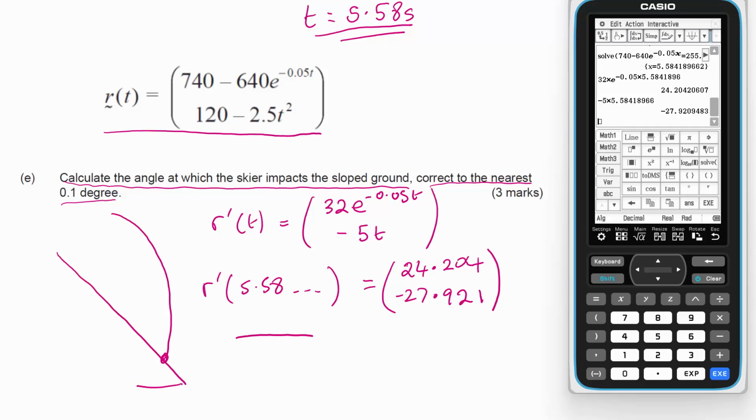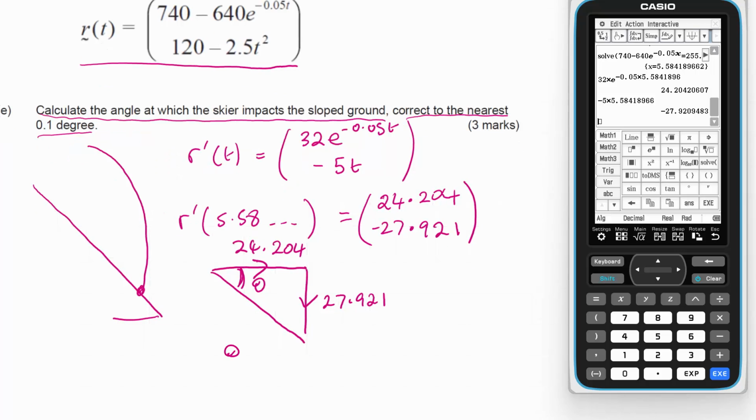So in other words, 24.204 this way and 27.921 this way. So if we work out this angle here, let's call it theta. Theta is going to be the inverse tangent of 27.921 over 24.204.